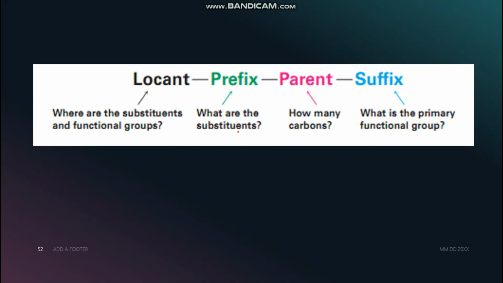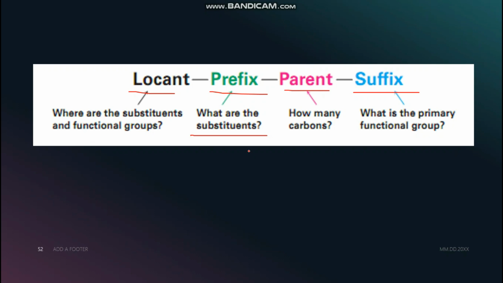Now, our chemical names typically have four parts in the IUPAC system of nomenclature: the prefix, the parent, the locant, and the suffix. The prefix identifies the various substituent groups in the molecule, such as the alkyl groups.